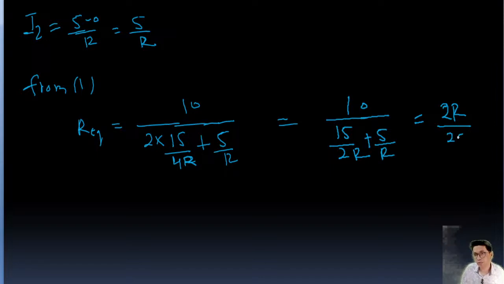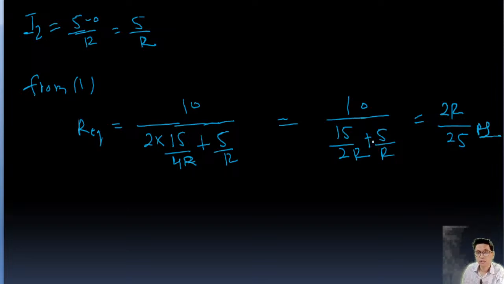Very simple calculation. So this is the equivalent resistance, guys, 2R upon 25. This is the answer.